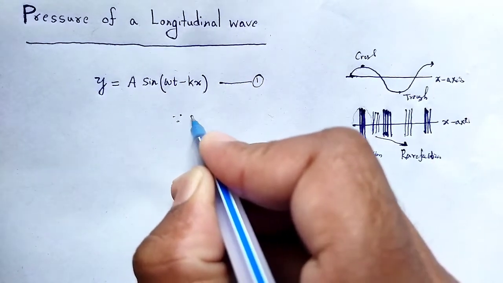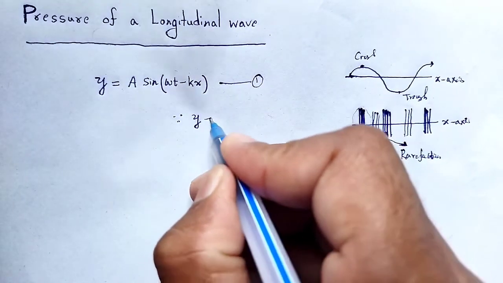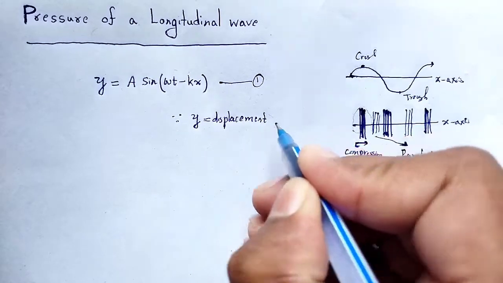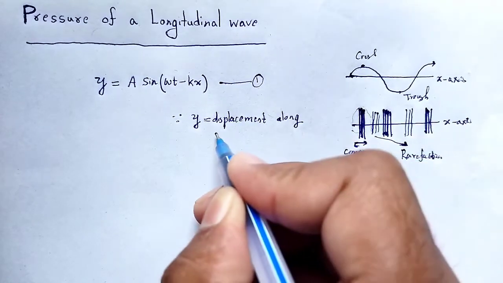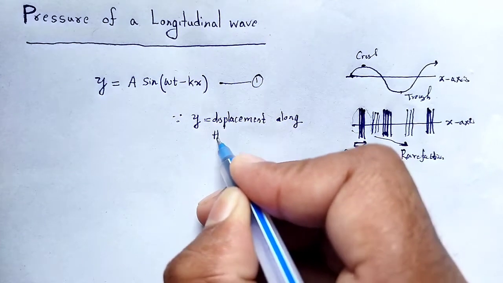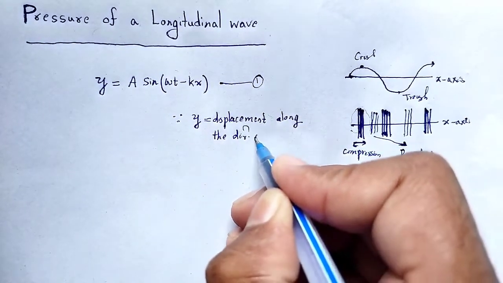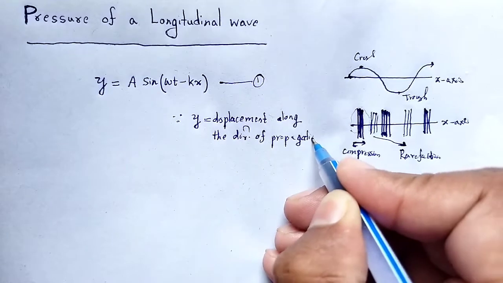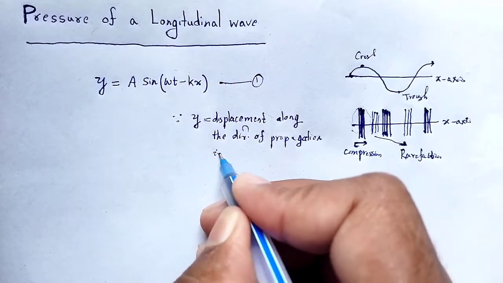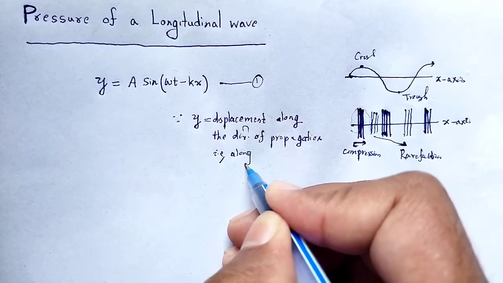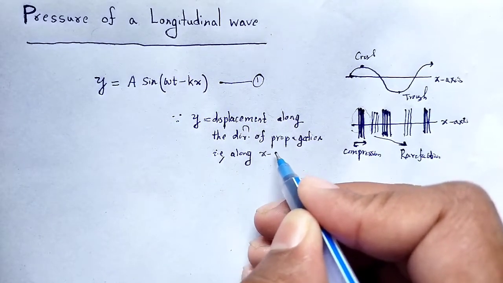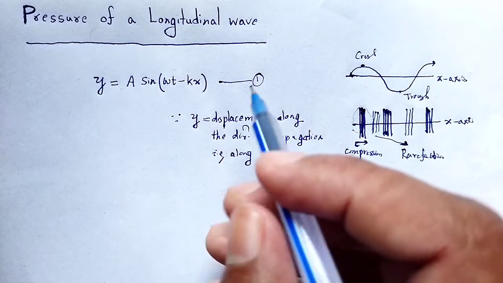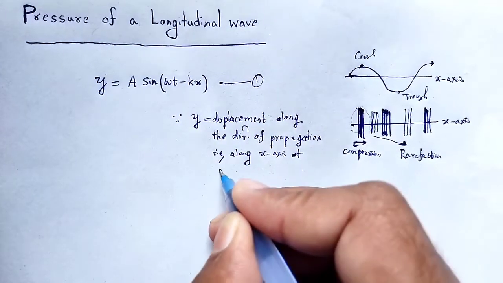Here the term y is the displacement along the direction of propagation, that is along the x axis, or you can say the positive x axis, at any instant.